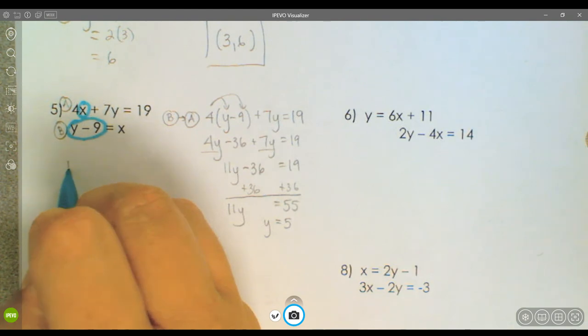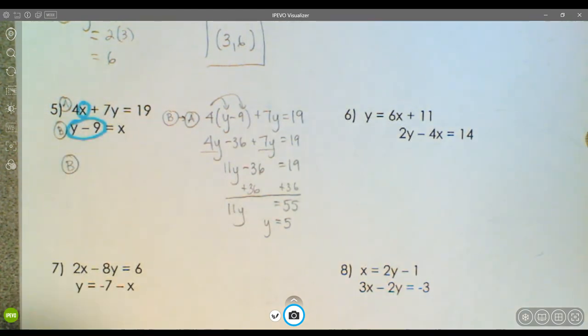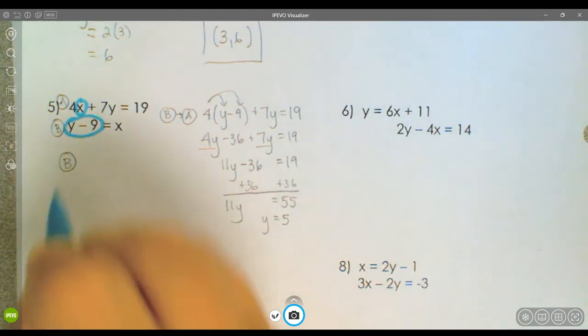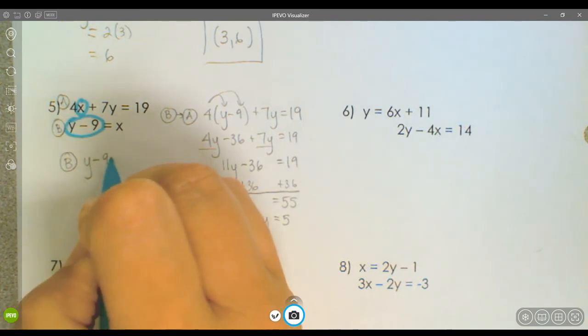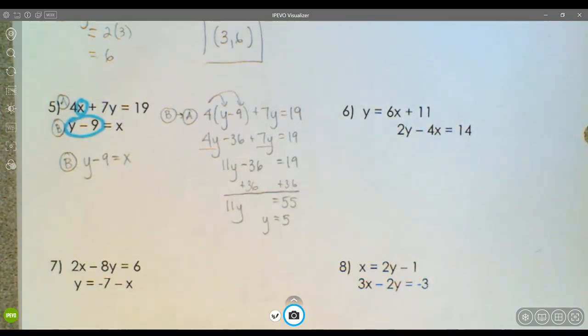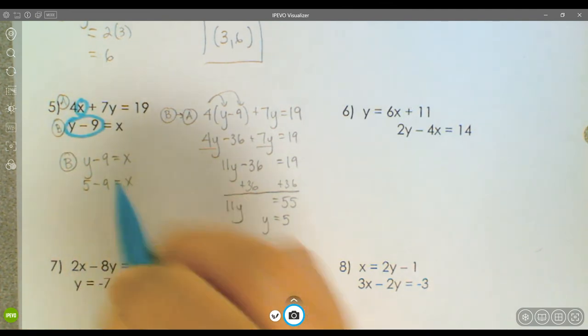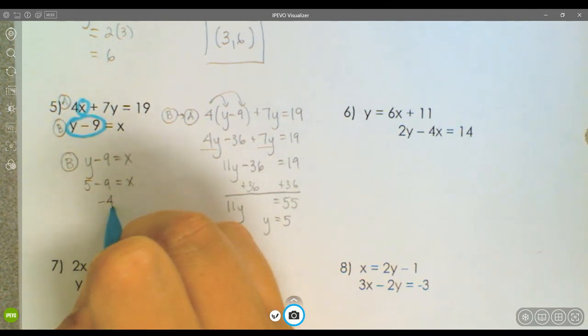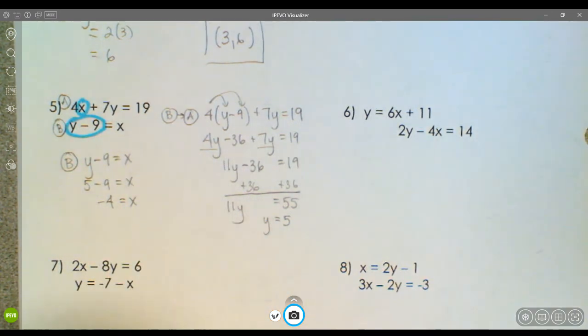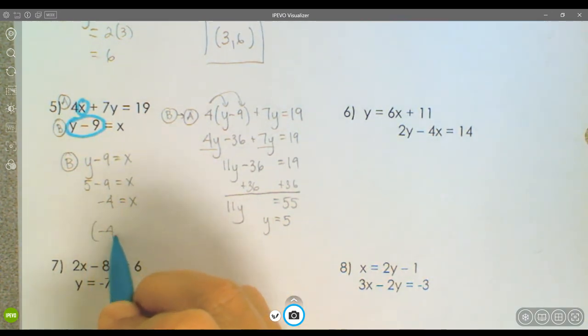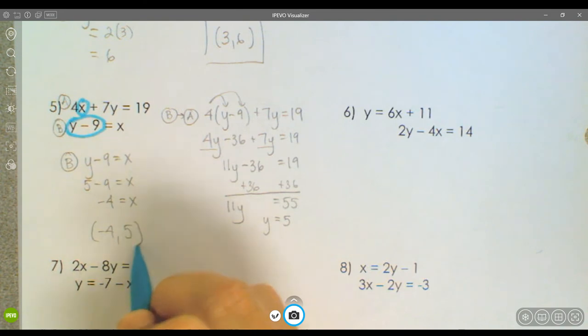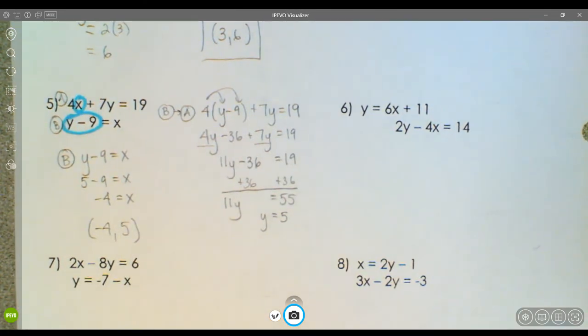Okay, and so now I need to find the value of x, so I'm going to use equation B. If y minus 9 equals x, y is 5. 5 minus 9 equals x. 5 minus 9 is negative 4. So I think my solution is negative 4, 5.